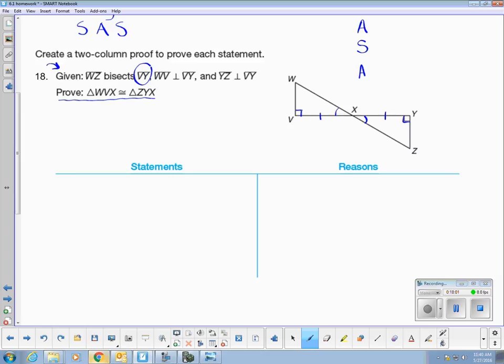So now that I have enough information, I can go ahead and write all the steps and the reasons in my proof. So let's start with the given.